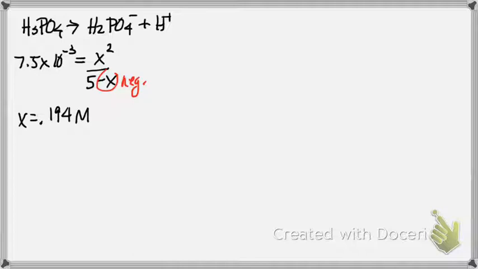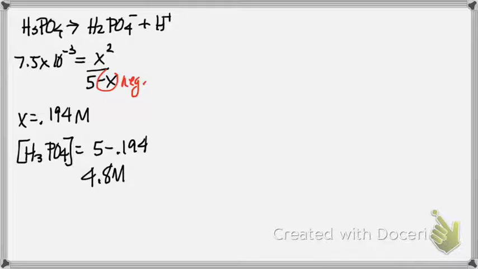So once this happens, we can figure out our H3PO4 concentration once they start dissociating, which is equal to 5 minus 0.194. So that's like 4.8. I'm going to circle that in red because that's the first equilibrium concentration we need.